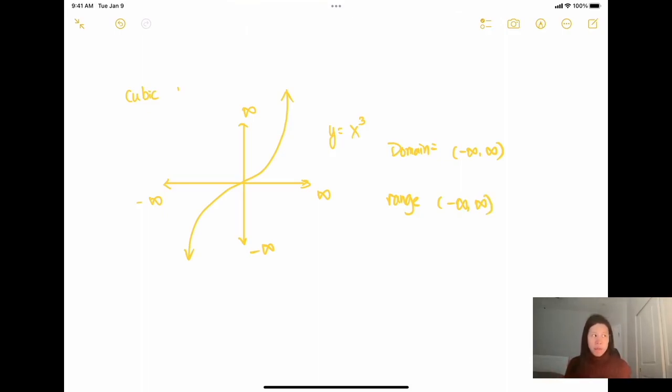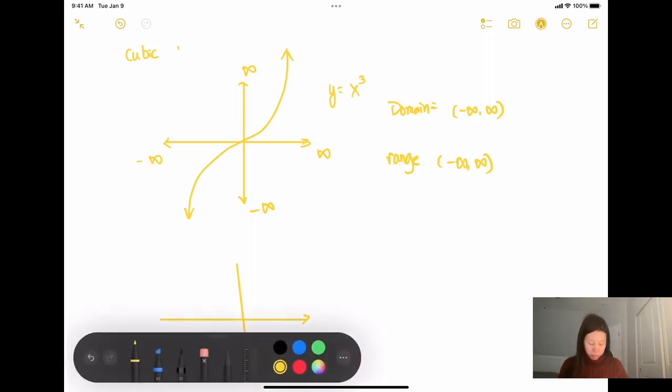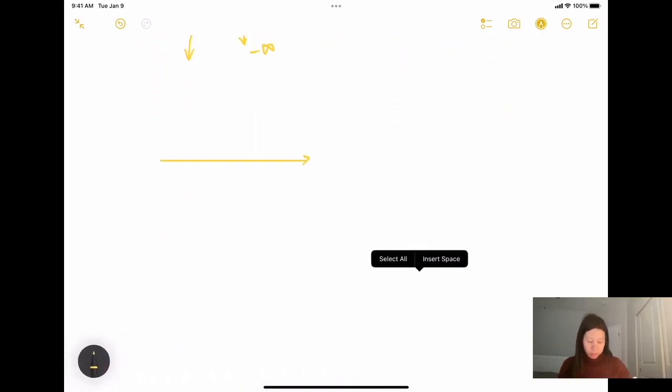Okay, another basic function would be the square root function, y equals square root of x. The function looks like this, going in that direction.